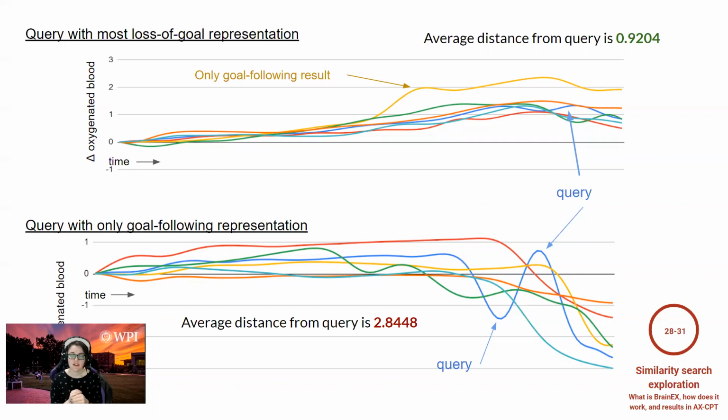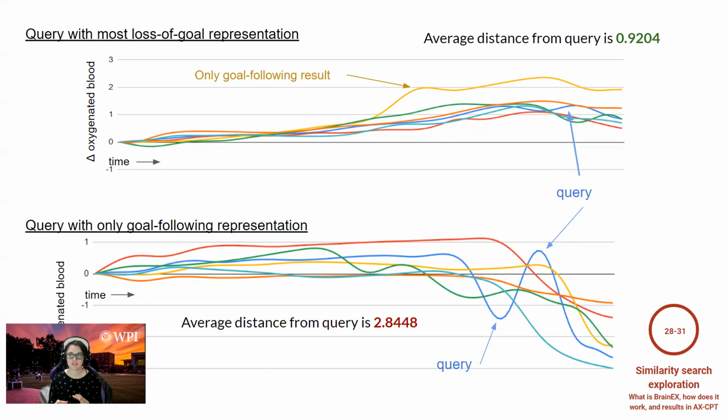And then for a query that had only goal following representation, so all 5 of the results that came back were goal following, it had an average distance from the query of 2.84. So that's a difference of 1.9 in this distance metric between the loss of goal state and the goal following states.